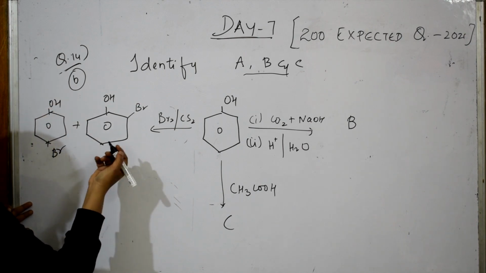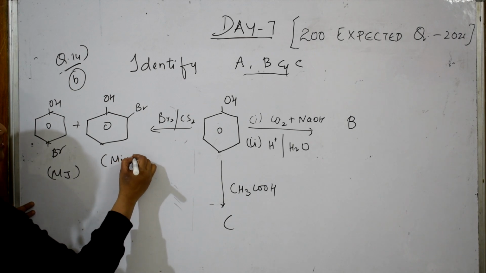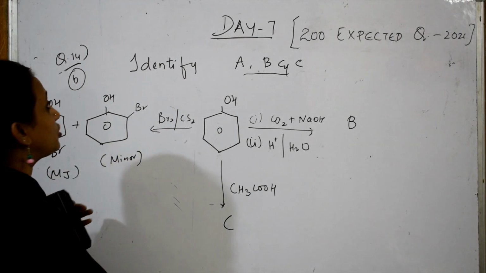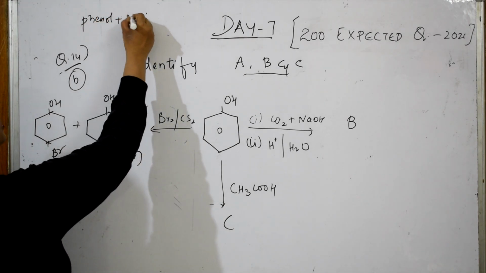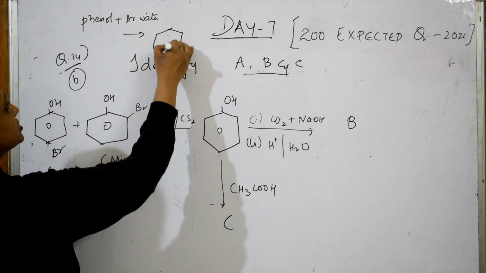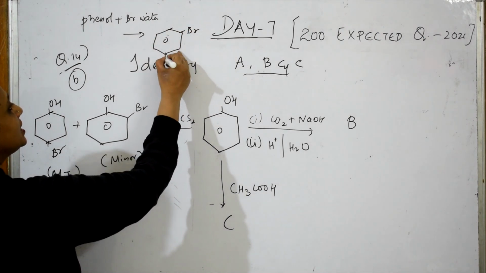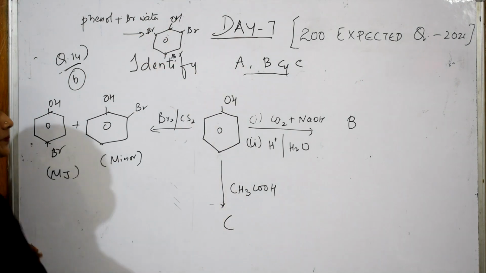Remember, students, the para is major and the ortho is minor. With bromine water, phenol gives the 2,4,6 product, where all three positions are combined with bromine.